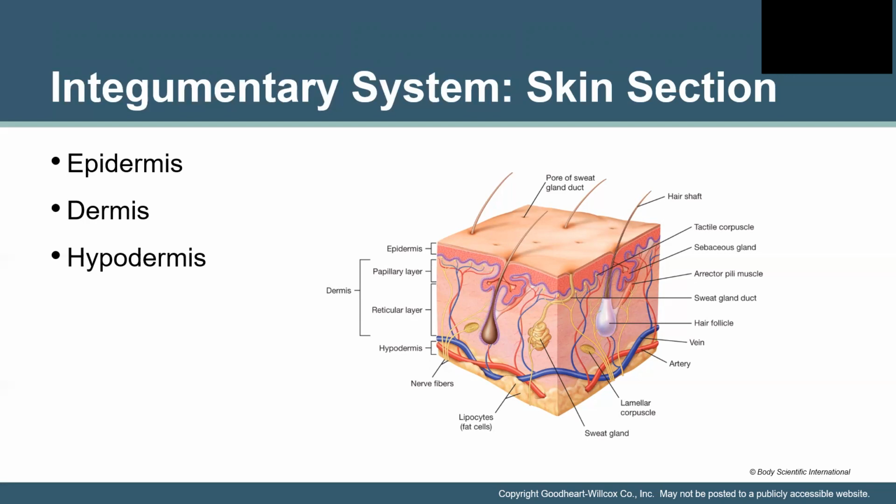So being that the stratum basale is the innermost layer of the epidermis, it's going to come in contact with the outermost layer of the dermis. It's the one that's going to have the ability to do new cell production as well as nutrient transfer.